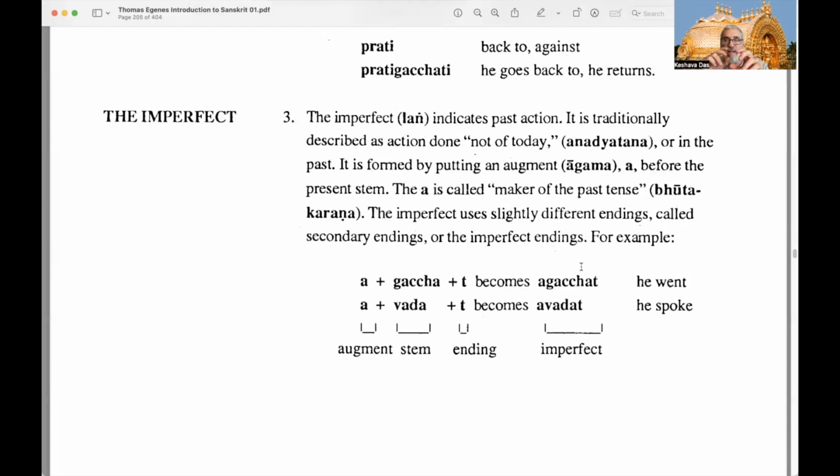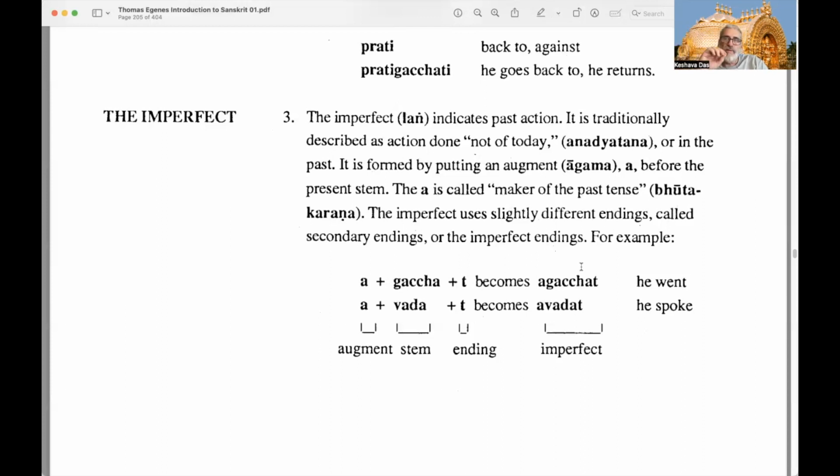The root is modified to become a stem, bhava and gaccha. These are not the root, but the stem. Then endings are added onto the stem, and it becomes a full verb. So we have bhavati, and gachati, gachataha, gachanti.